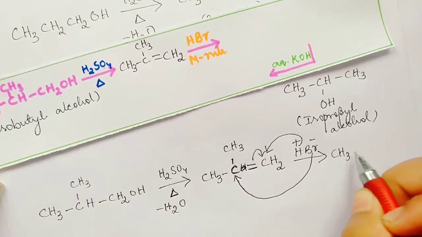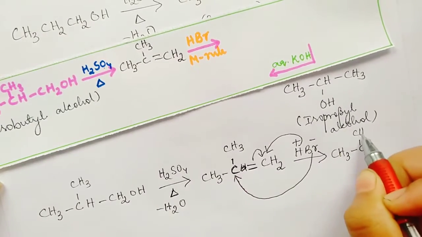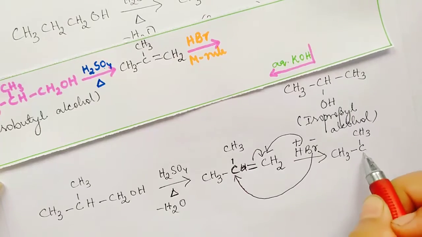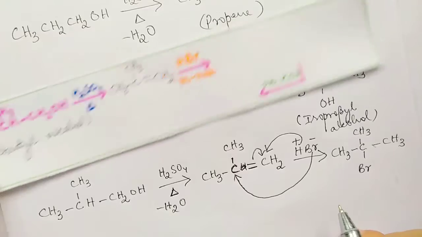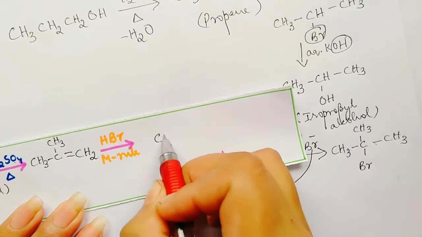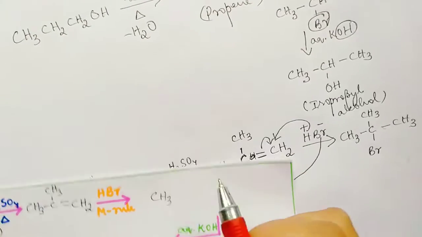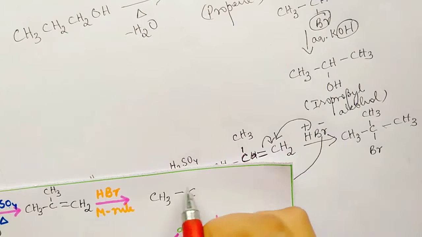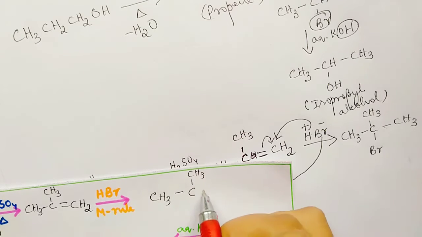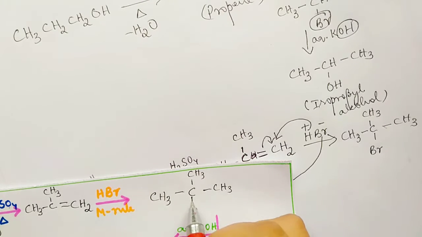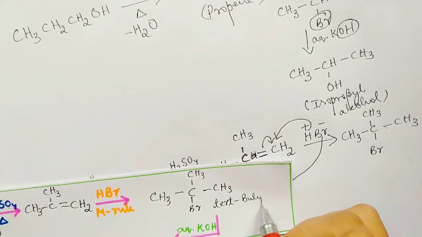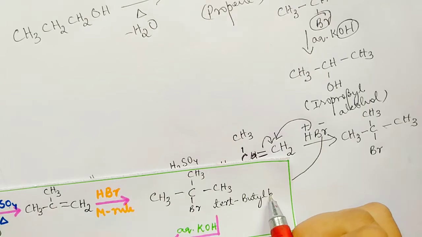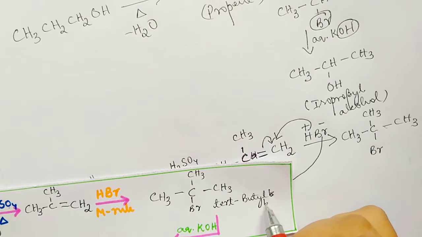And you have CH3, CH3, CH3, C, Br. This is your tertiary butyl bromide.